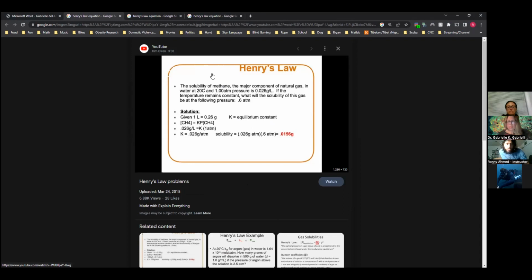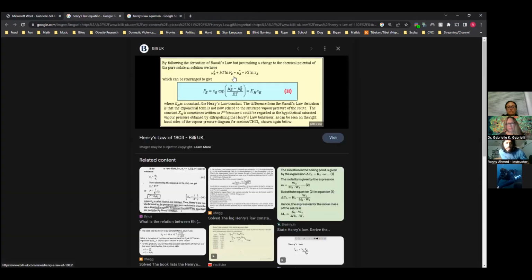Methane is the one they're looking at right now. And here's how it is derived, obviously a little more advanced than I would ever give to the open water students, but it is interesting to see how a gas law is derived. Even in this example, you can see there's no volume to calculate the solubility, because volume has to be held constant in order to do these calculations.